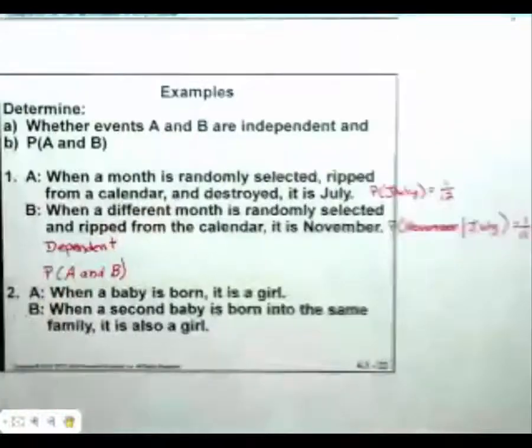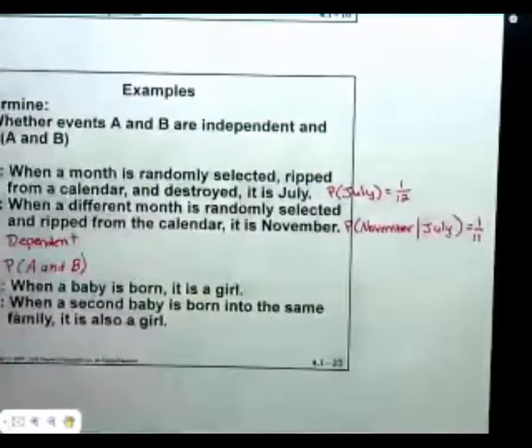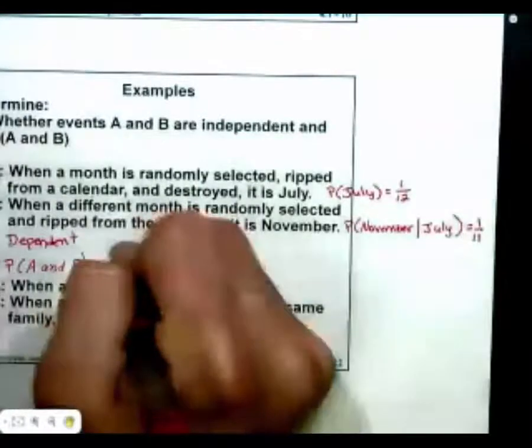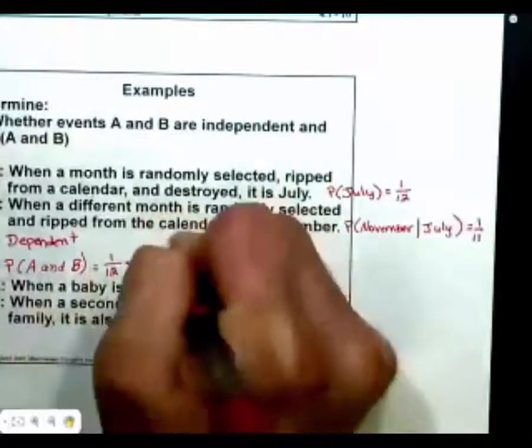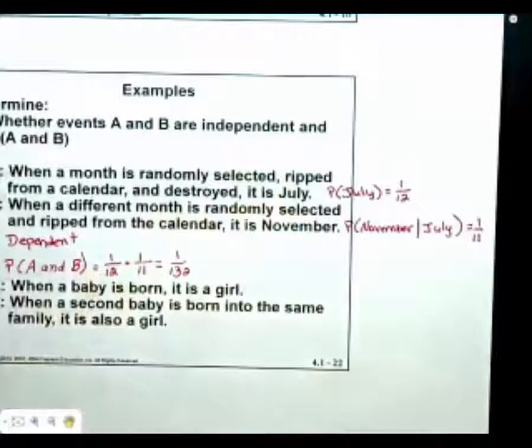You multiply them. If it was A or B, you'd add them. But since it's A and B, it's 1 over 12 times 1 over 11, or 1 over 132.